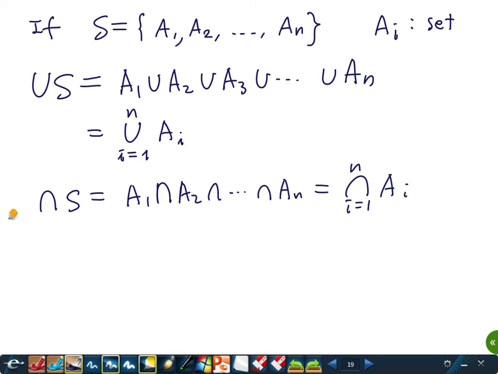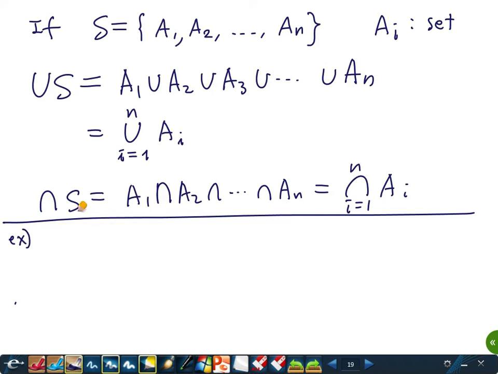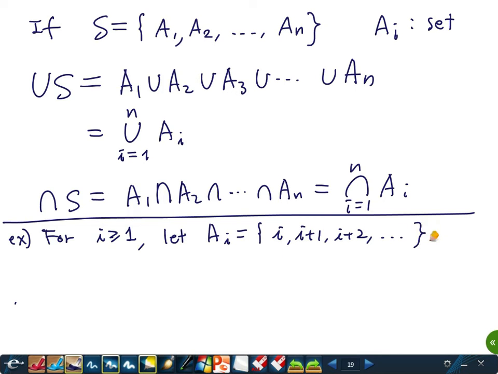All right. Now let me give you a simple example just to make sure that everyone understands this definition. For i an integer, let us define this set Ai, the set of integers greater than or equal to i.